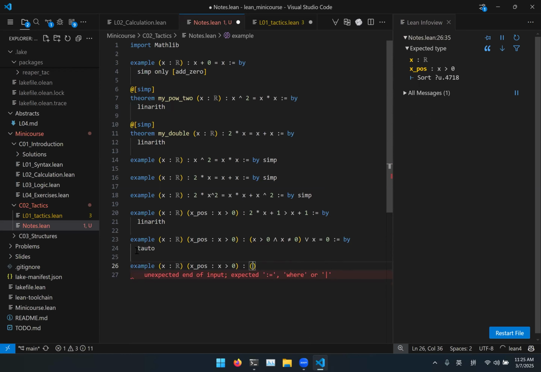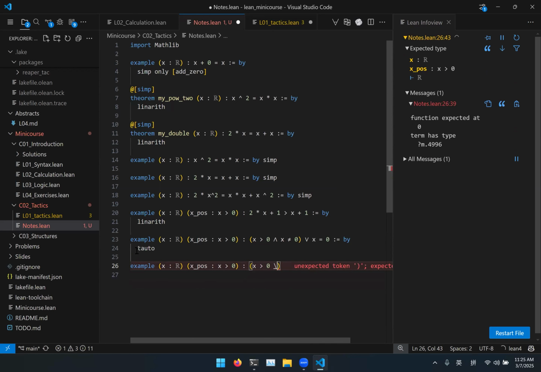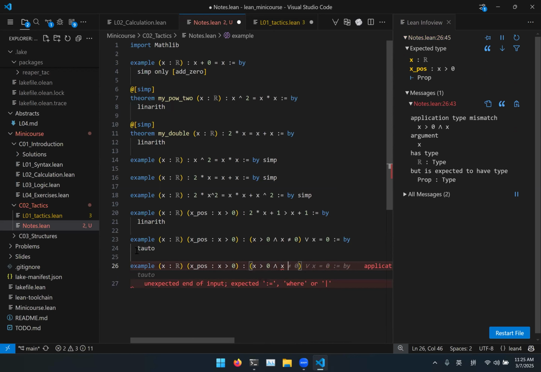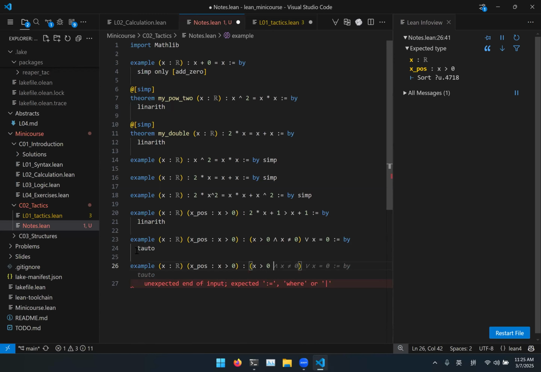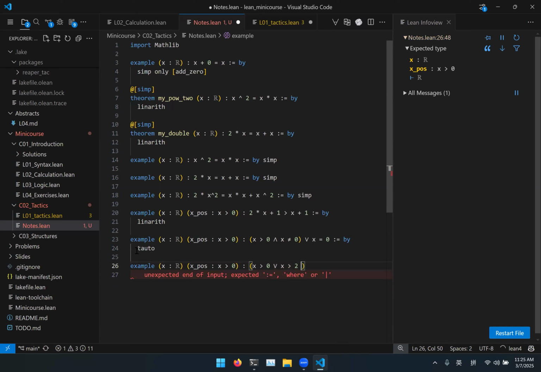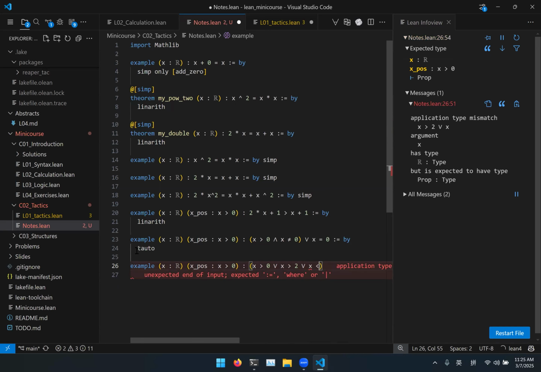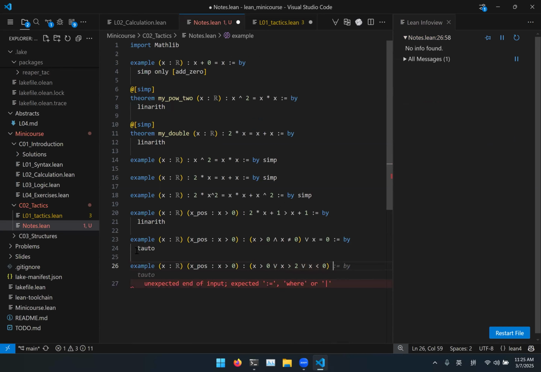Maybe we have more connectors: x larger than 0 and larger than 2, or larger than 2 or x smaller than 0.